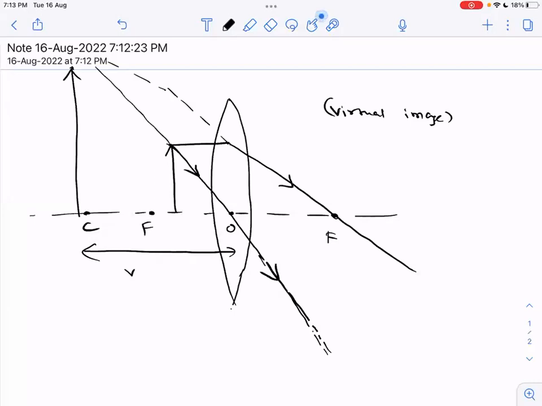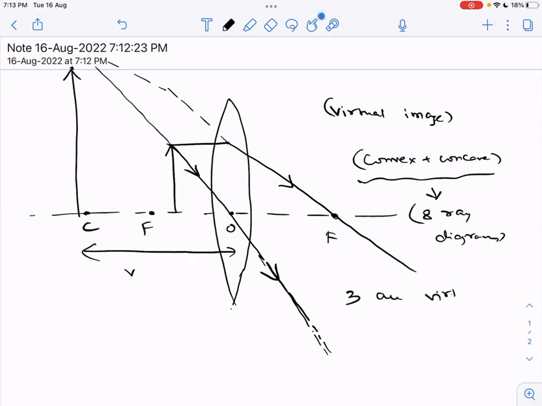What I'm trying to say is, when you take the whole lens into consideration, whether convex or concave, put together you have a total of 8 ray diagrams, of which 3 are virtual. So in those 8 ray diagrams, in 3 you will get a virtual image.